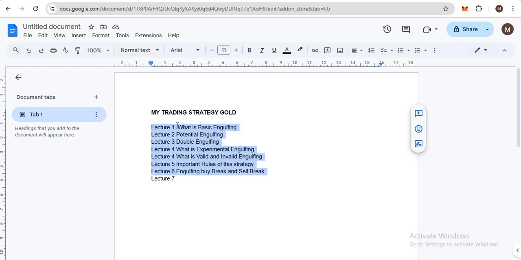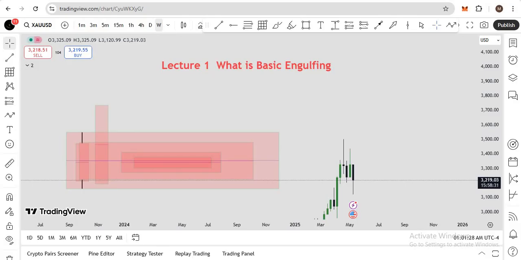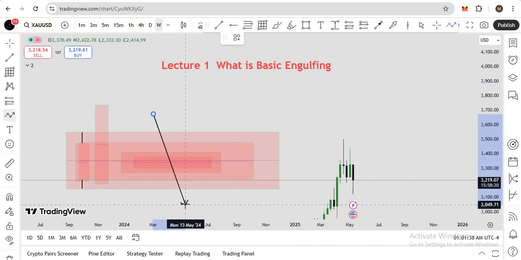Actually, in lecture 4 is what a valid and invalid engulfing is, but I will shift that lecture here so you will understand which is valid and which is invalid, because that is the most important point. Most of the time, if you don't find the valid one, there is a chance that price will go to your SL.